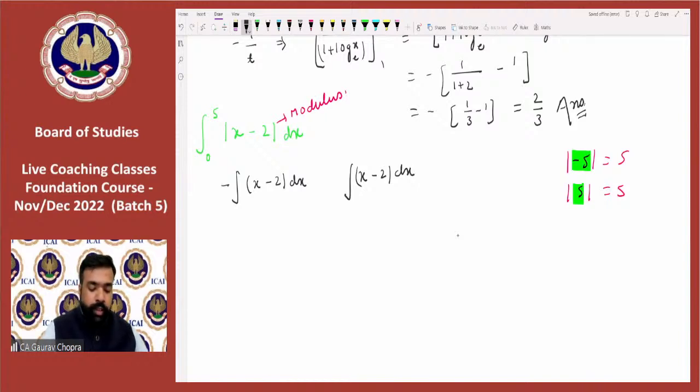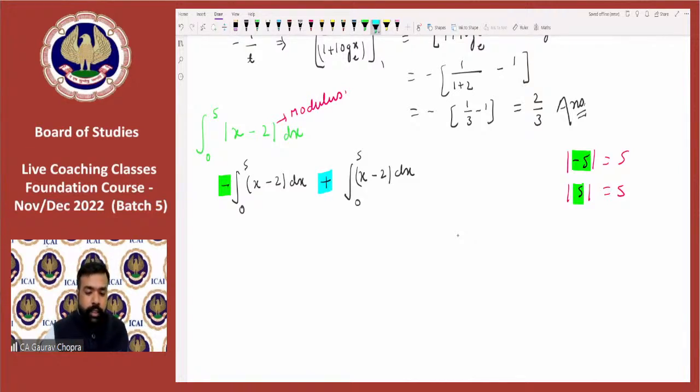Now let's take one value negative, another value positive. Limit will be same, that is from 0 to 5. Why have we taken two different values? Because whenever modulus is there, there are two possibilities: the value can be negative or it can be positive. That is why we have taken both the options.